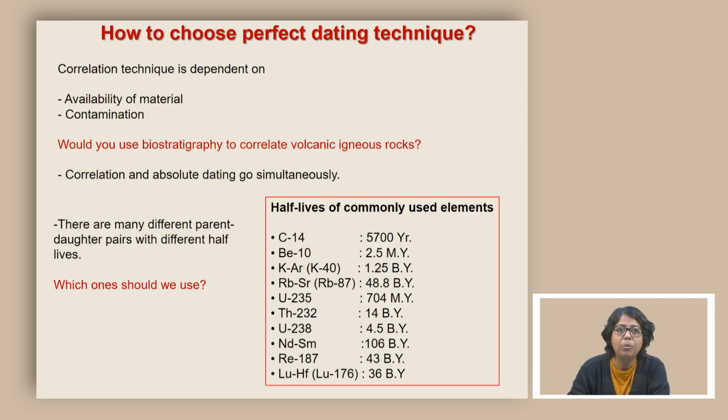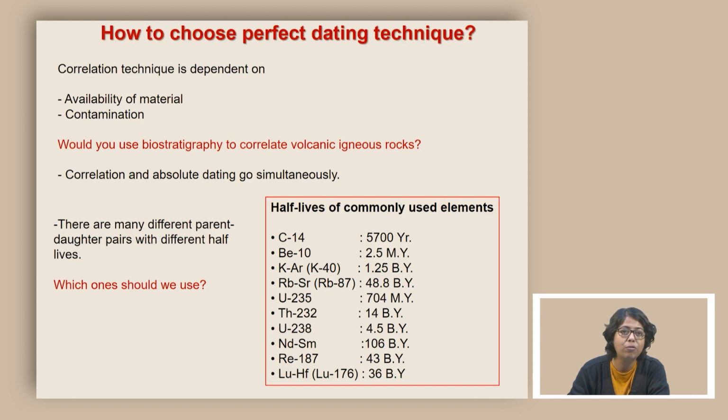Now, how to choose the perfect dating technique depends on the availability of the material, and we should avoid contamination. What that means is, when we are choosing a particular rock and a particular mineral to date, we should go for a dating scheme based on an element that is present in the mineral.